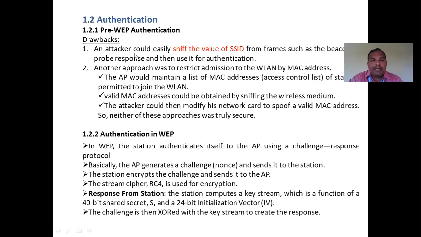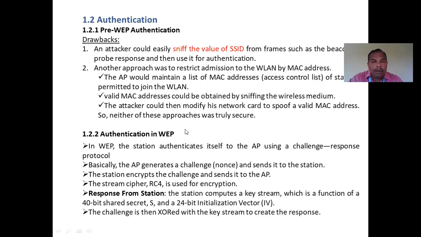First, an attacker could easily sniff the value of the SSID from frames such as the beacon. Second, admission to the wireless LAN can be restricted by MAC address. The access point would maintain a list of MAC addresses. A valid MAC address could be obtained by sniffing the wireless medium. The attacker could access the information, and he can go for modification. All these are possible under this particular authentication.